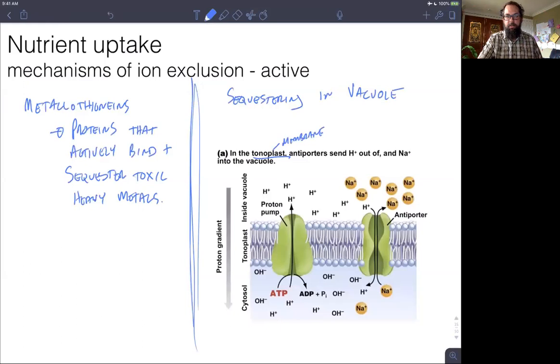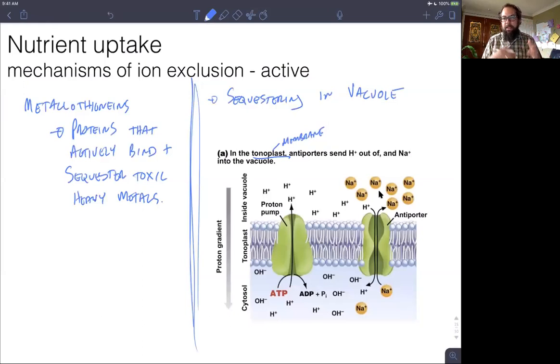And so the example here is shown for sodium, where outside of the vacuole in the cytosol, we have a low concentration of sodium. We're actually moving the sodium ions through the tonoplast into the vacuole to concentrate them. And so that then takes it out of the cytoplasm and sequesters these in the vacuole, making them not toxic to the plant.